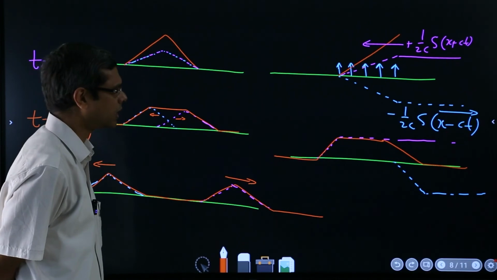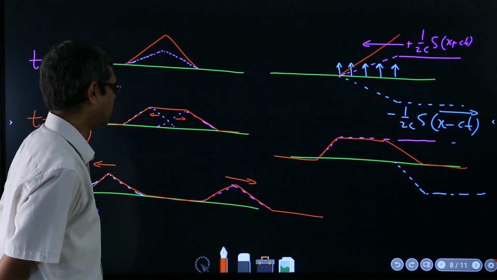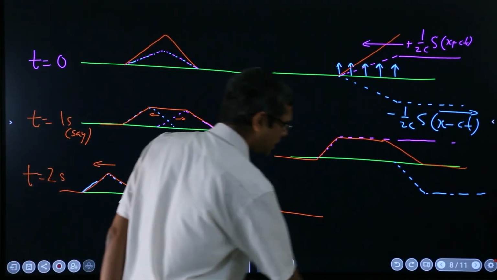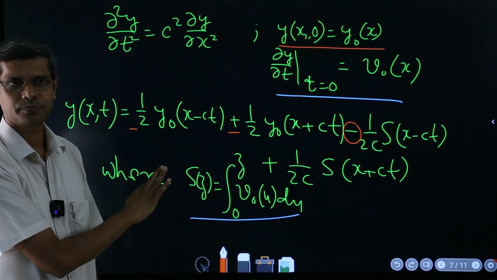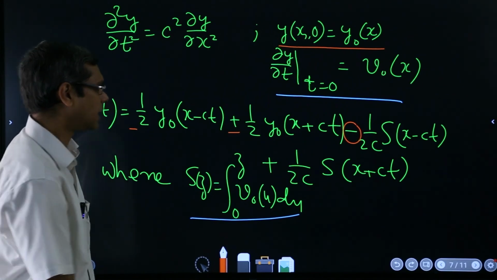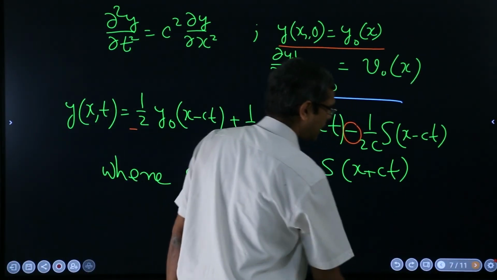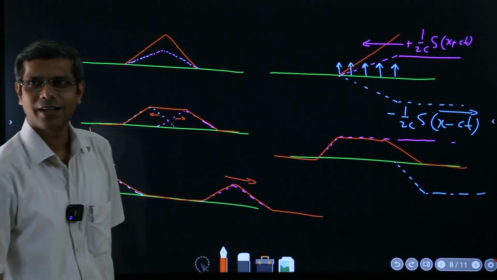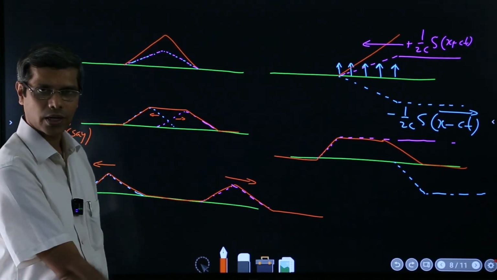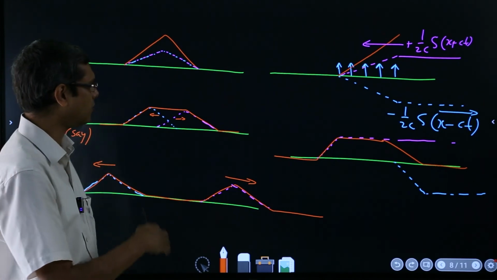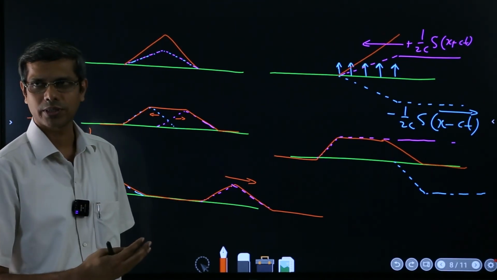So that is the meaning of what we saw here algebraically, a geometric representation of it. So now you should write a code as an assignment which should take any function of initial conditions of displacement or velocity.